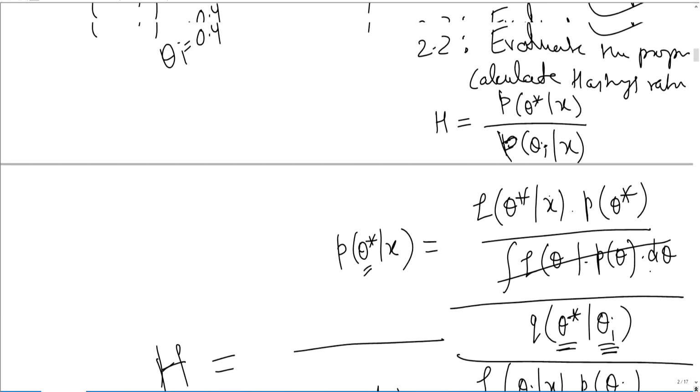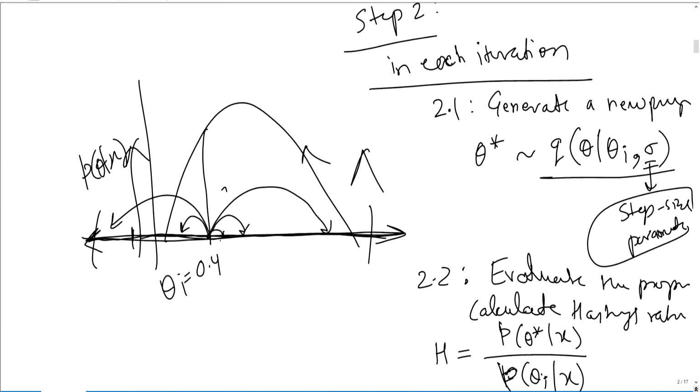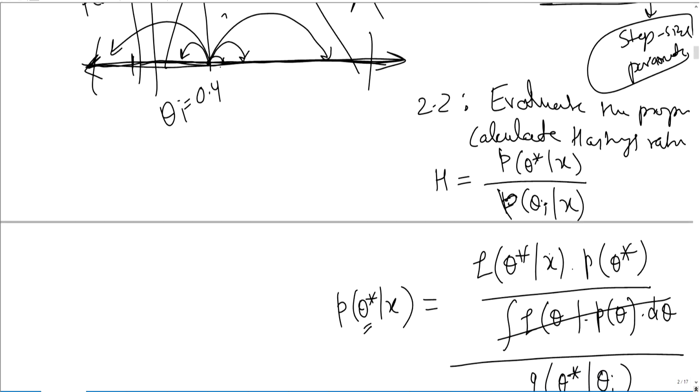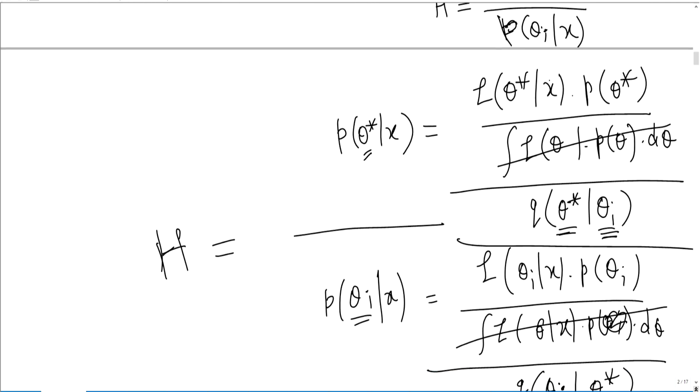So, just to briefly summarize again, we start with the proposal generation. We generate a proposal from proposal density q of theta given the current state of the chain theta I, and also the step size parameter sigma. And the step size parameter is important. It determines how much noise you are adding to the current state of the chain. Then, once you have generated the proposal, you evaluate it using the Hastings ratio.